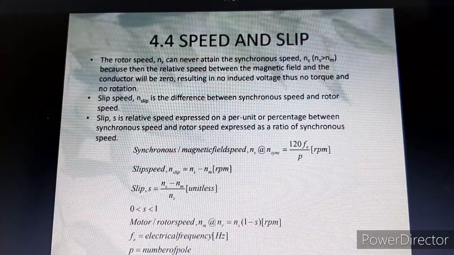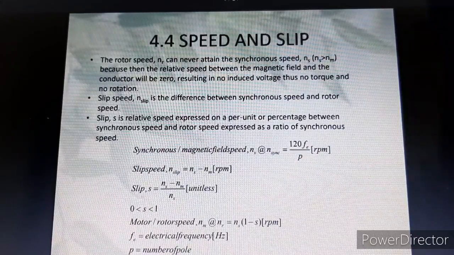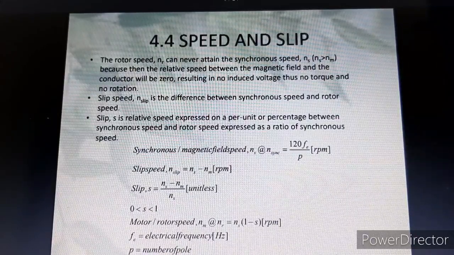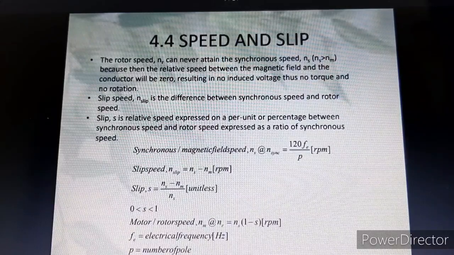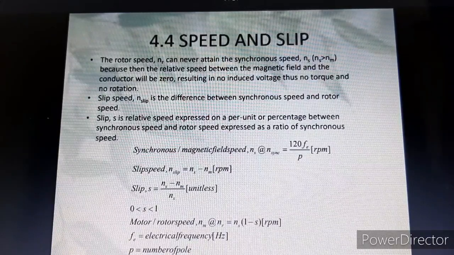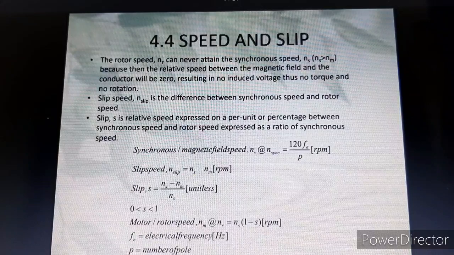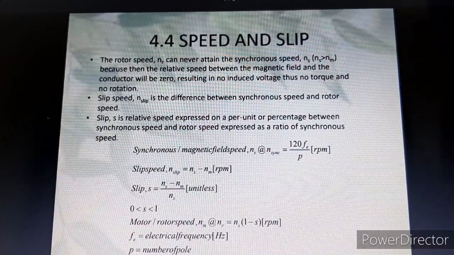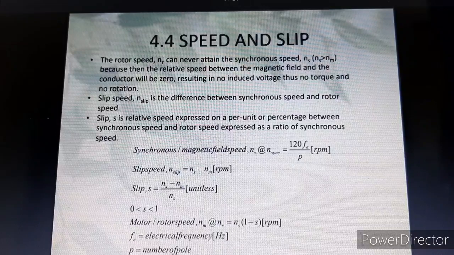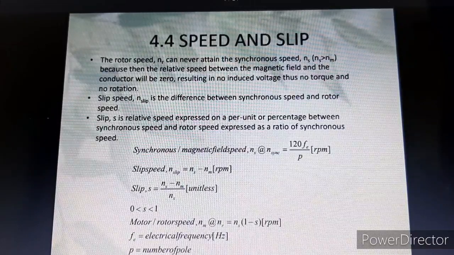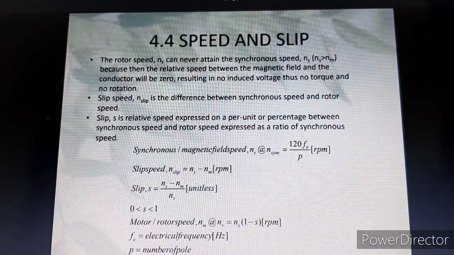The formula is 120 times electrical frequency over P, where P is the number of poles. If you use this formula, the speed that you get is in revolutions per minute. I'll explain later how we convert the speed from RPM to radian per second. So that is synchronous speed.